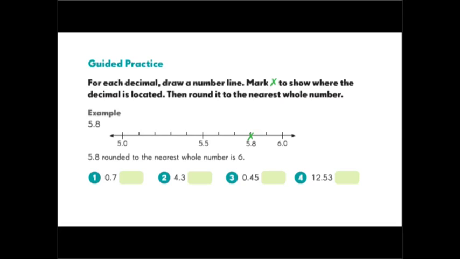So now you're going to try something on your own. You obviously cannot draw number lines on the computer. So when it says for each decimal, draw a number line, I want you to draw the number line in your math notebook.